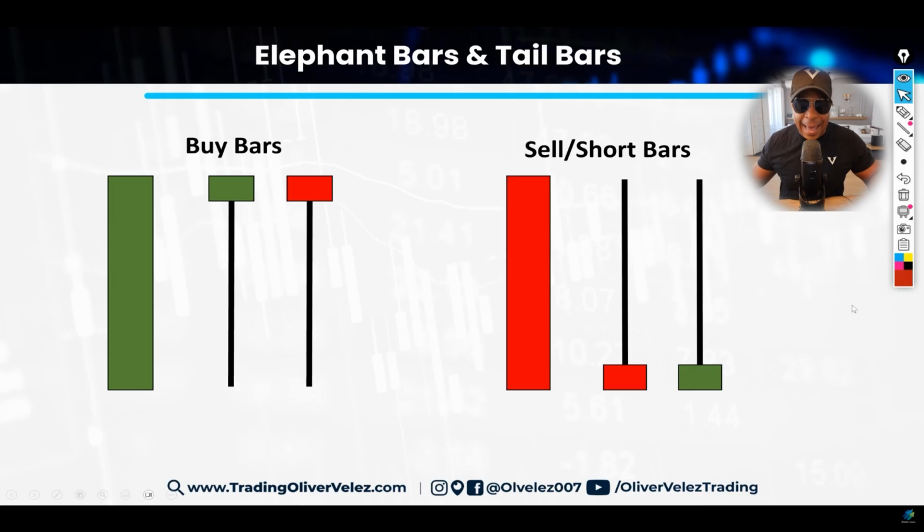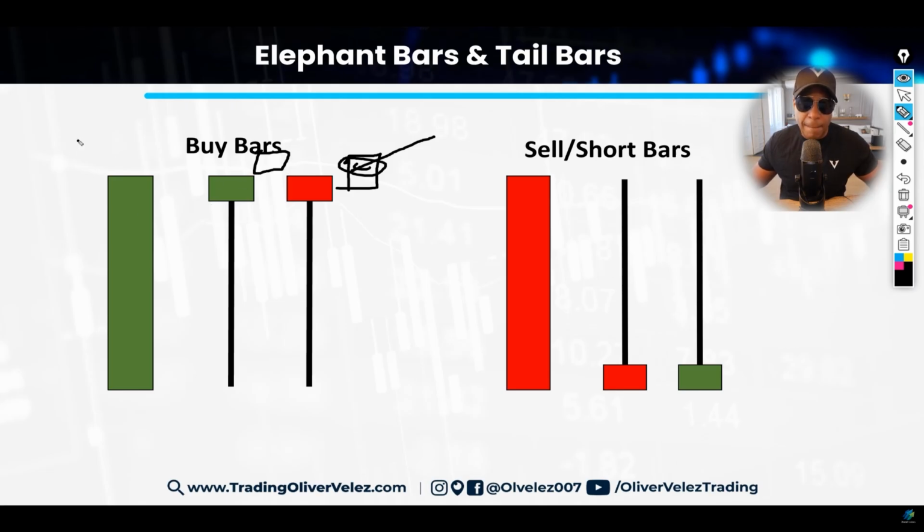I love this game. Now, I do want to make this point very quickly here. It doesn't matter whether your tail bar's body is what color, it's the same. Even if it's a red bar here, you're going to buy above this bar on the next bar, preferably.